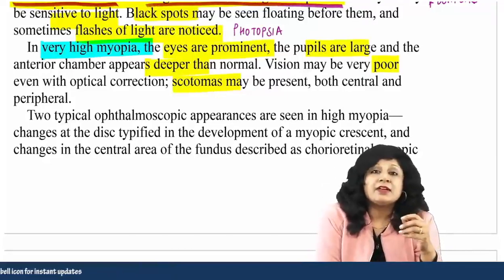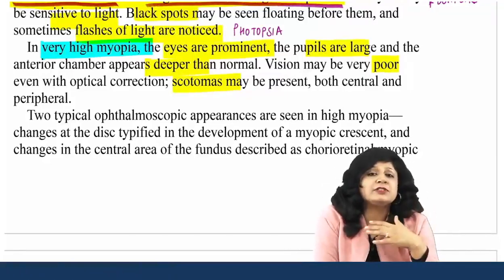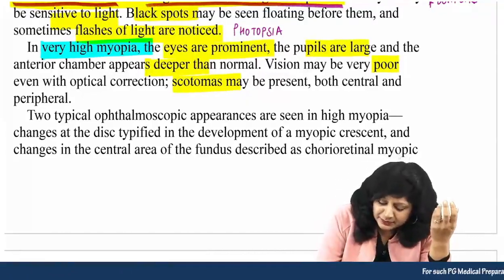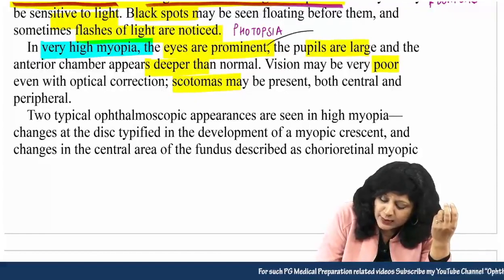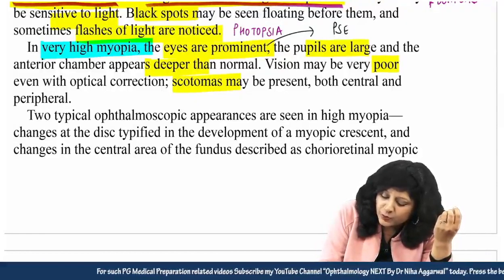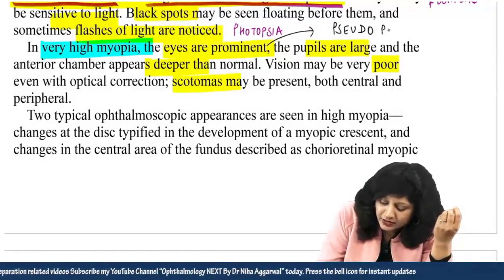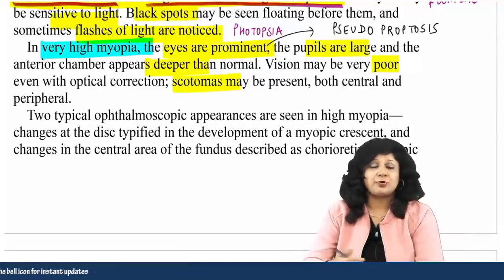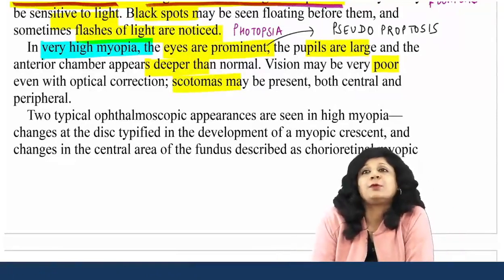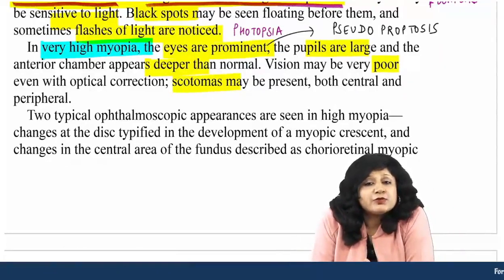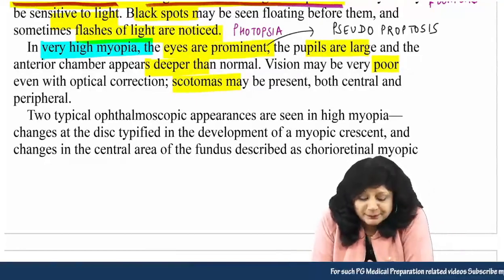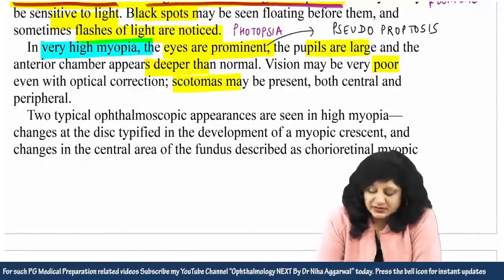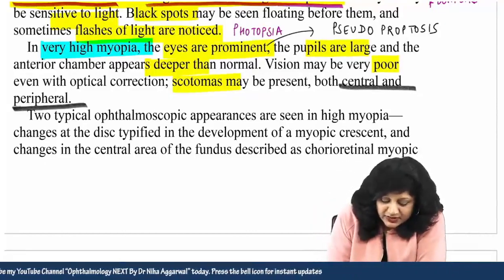So in very high myopia, obviously the eyeballs are very large and very prominent, and sometimes these patients also present with pseudoproptosis. It appears as if they have proptosis, but actually they do not. The pupil size is also very large, anterior chambers are deeper, and they may be associated with open angle glaucoma. They also have scotomas, and these scotomas can be central as well as peripheral.